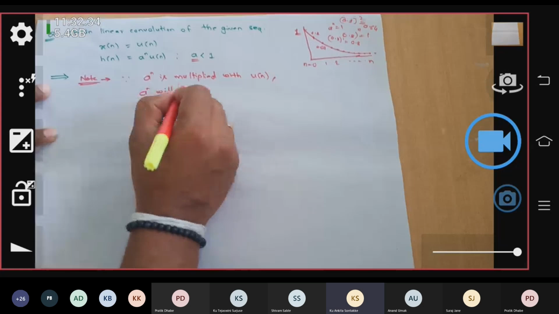Sir, the screen froze. The screen is not visible.